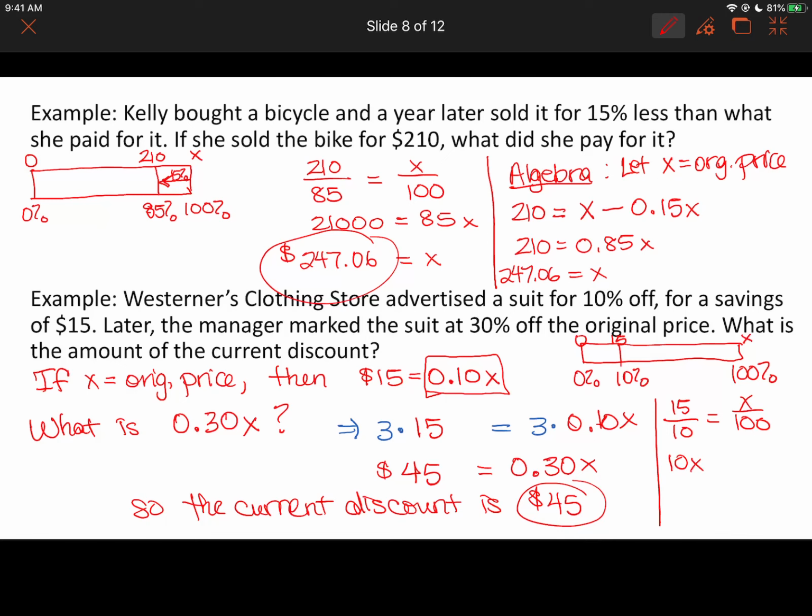So 10X equals 1500. Divide by 10 to get 150. And now you could take 30%, do the same sort of thing to solve for, let's call this Y now, where now you know that X is 150. That'll also give you 45.